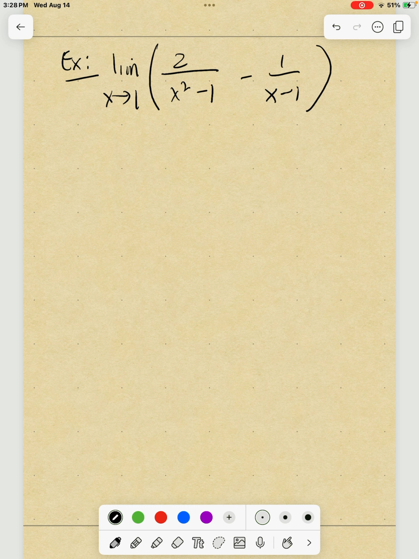And if you plug in the 1 into this function, you get 2 over 0 minus 1 over 0. That's undefined. Basically what happens is that this first expression is approaching either infinity or minus infinity, and then this expression is approaching infinity or minus infinity. And if you think about it, what's happening is when x is approaching 1, let me think.